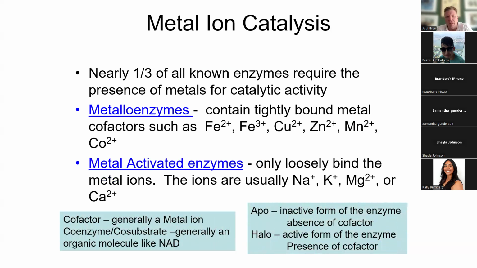Now, there's a piece of terminology when it comes to metalloenzymes and metal-activated enzymes. You might refer to something as the apo form of an enzyme, or the apoenzyme. That is the inactive form of the enzyme in the absence of the cofactor. The holo form is the active form of the enzyme, where the cofactor is present.